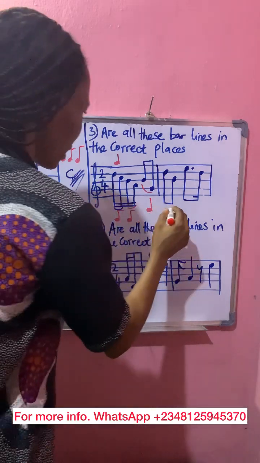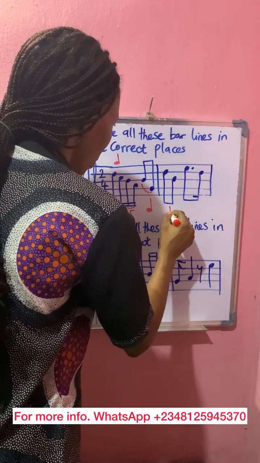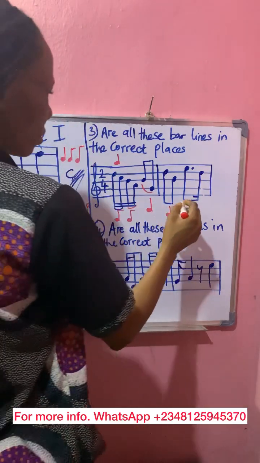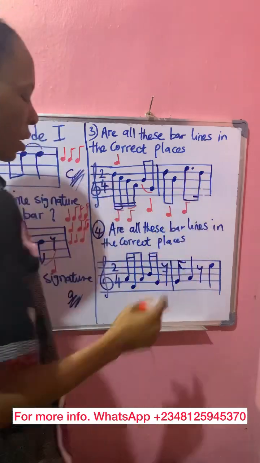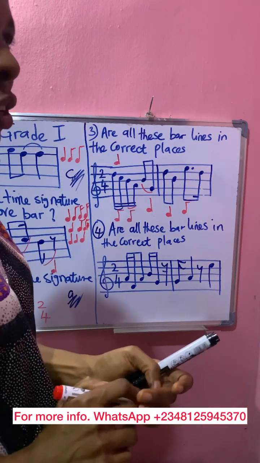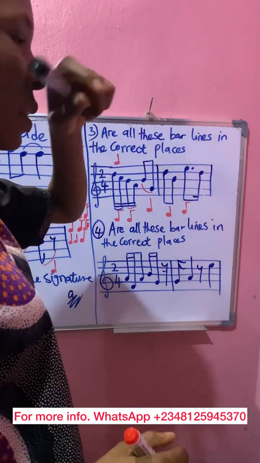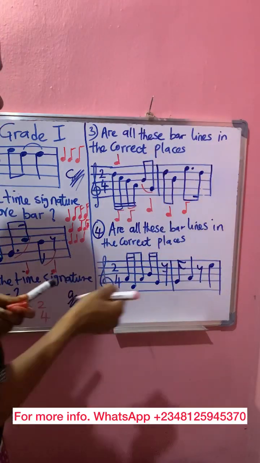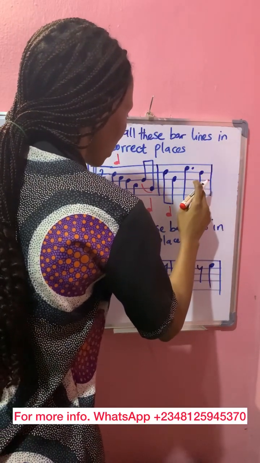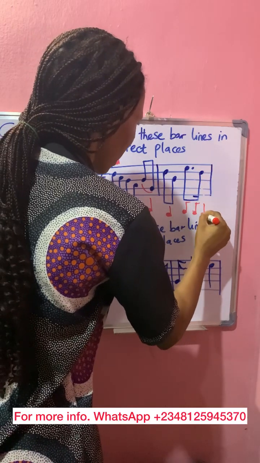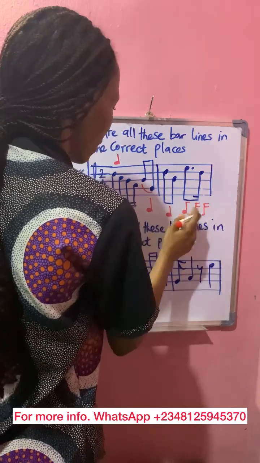Now we check this one again. This is 2 quavers, which is 1 crochet, and then this is a quaver with a dot. A dot is half the value of the original. So if it is a quaver and there is a dot, that means the dot represents a semi-quaver. So we have a quaver and a semi-quaver plus this one, another semi-quaver. So we have a quaver and 2 semi-quavers.